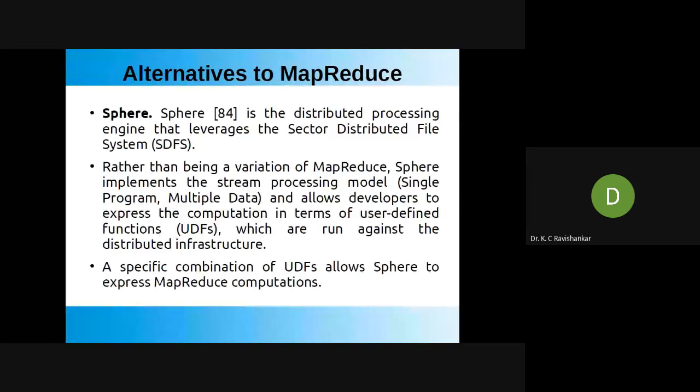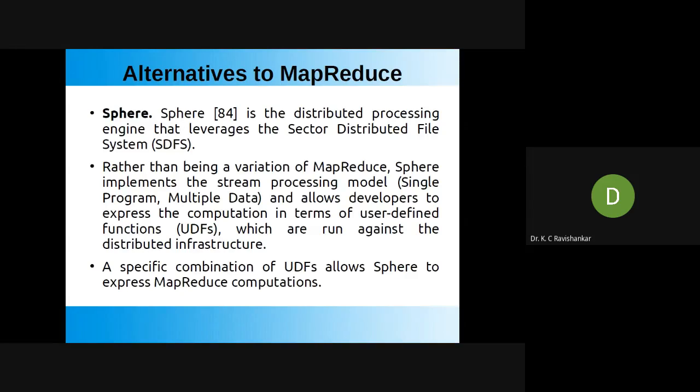In this case, rather than being a variation of MapReduce, Sphere implements the stream processing model. The data is taken as a stream, it is processed as a model, as a file system. They call it single program multiple data, SPMD, and it allows the developer to express the computation in terms of UDFs, which are user defined functions, which are run against the distributed infrastructure.